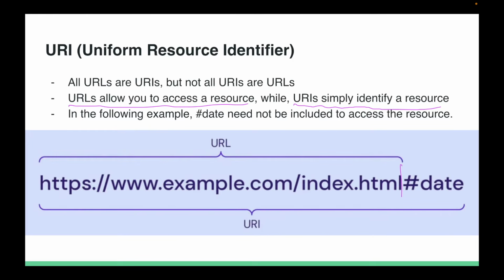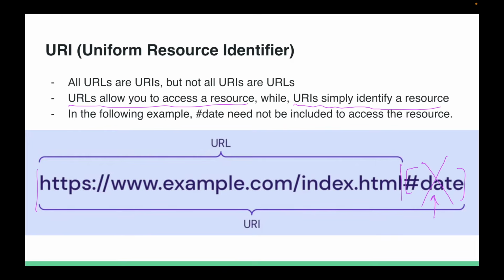We've got our URL right here, our protocol, domain, and our web page. And then we have this little thing right here. It's actually called an anchor link, with this hashtag date. This hashtag date allows us to specifically identify where a piece of information is located on a web page. We don't actually need it in order to access that information.